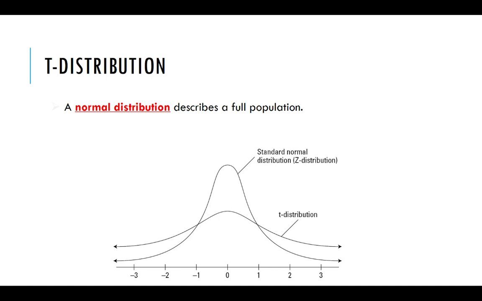But we're not always dealing with populations. A t-distribution describes samples drawn from a full population. So these are not going to be exactly the same things. We normally are going to be drawing samples from a population, not working with the population itself. So the t-distribution is going to be very helpful for that reason.